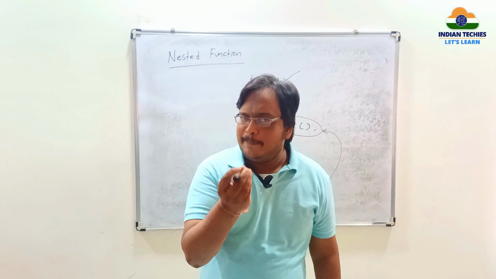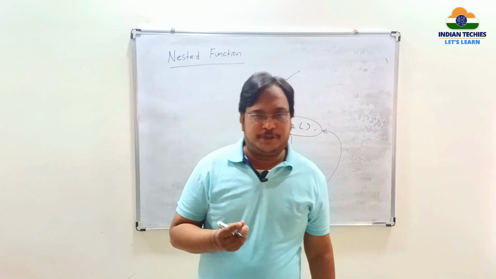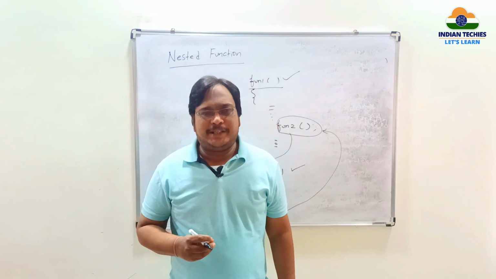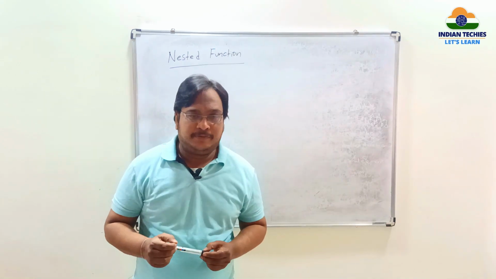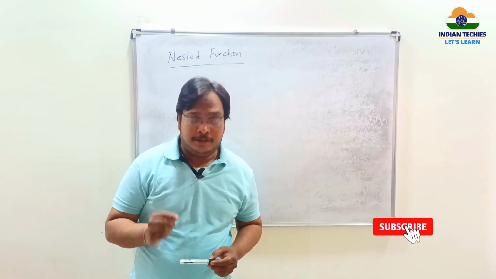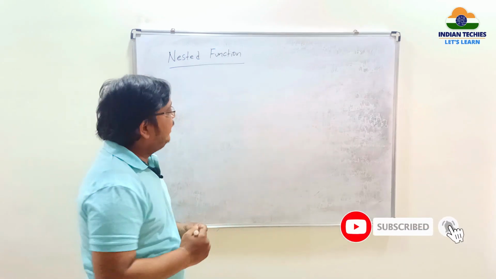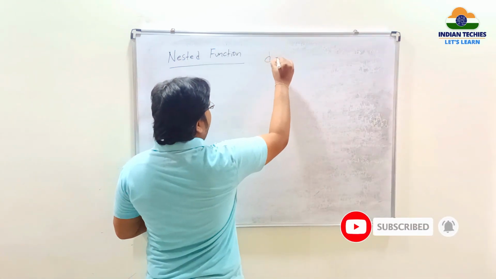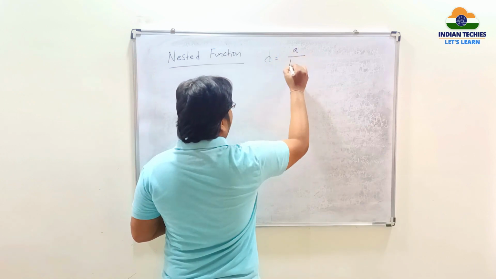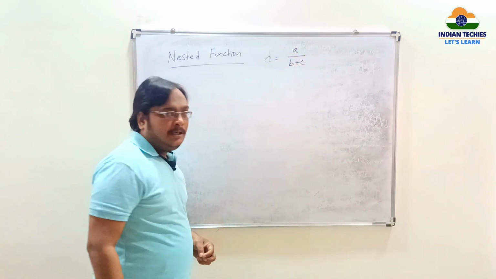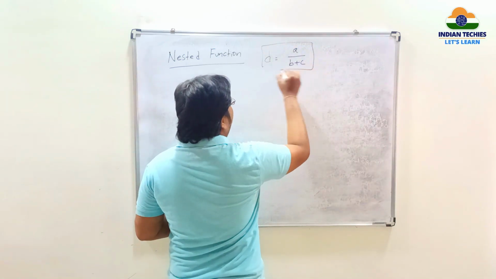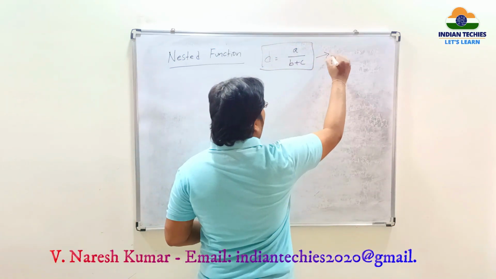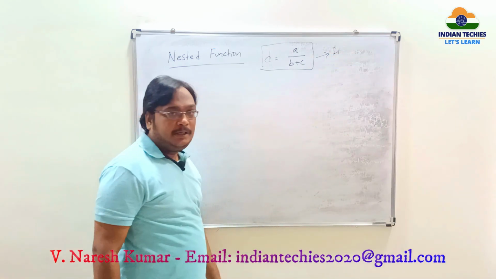We will see a basic and small example program for explaining this nested function. Now we are going to calculate a formula, that is, D is equal to A by B plus C. For calculating this total equation, we will execute one function, function 1 for example.